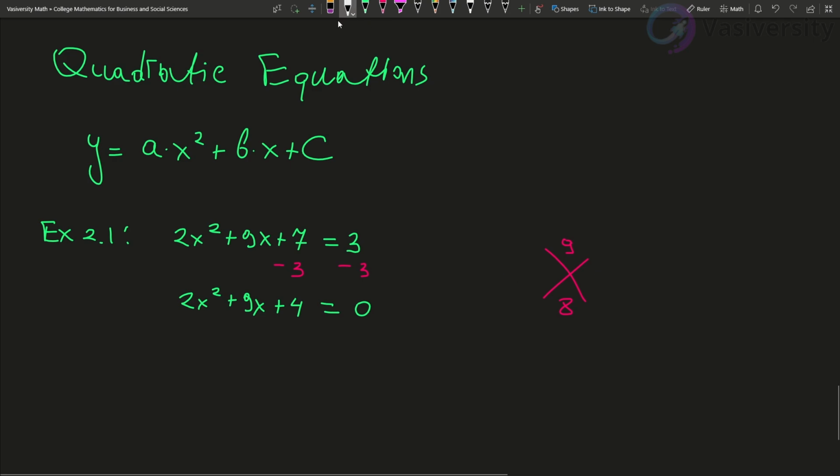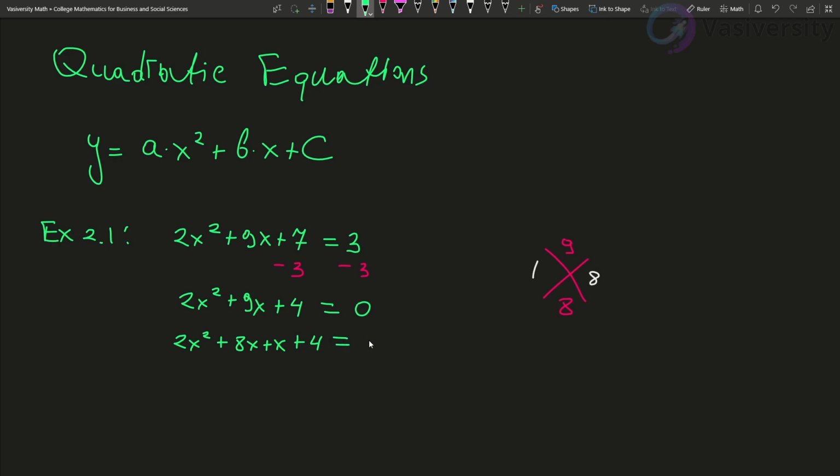So we need two numbers that can do that for us: something plus something will give us a 9, and something times something will give us an 8. Okay, so let's think about it. It's going to be 8 and 1, or 1 and 8. Okay, so let's rewrite it as 2x squared plus 8x plus x plus 4.